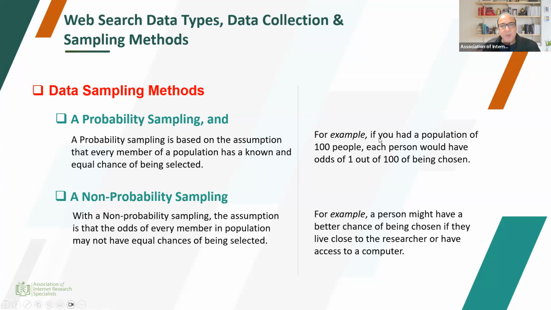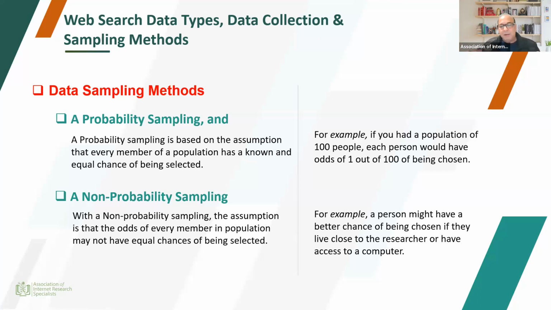Examples you could see in the probability sampling, if you had a population of 100 people, each person would have odds of 1 out of 100 of being chosen, of course. So if these are the numbers in a bucket, which is 1, 2, 3, 4 up to 100, and you just pick one, that chance of that instance where you are sampling just one would mean a chance of 1 out of the total sample of 100.